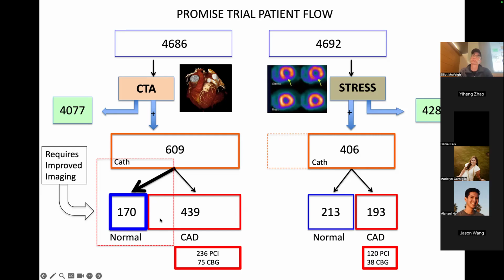And so ideally, we make the pictures even better so that when you get this group, you would say, we know this is abnormal, but we also know you're not going to do any treatment. So there's no point going to the cath lab, right? So that's where we come in. The engineering group comes in to say, we're going to make the pictures even better.